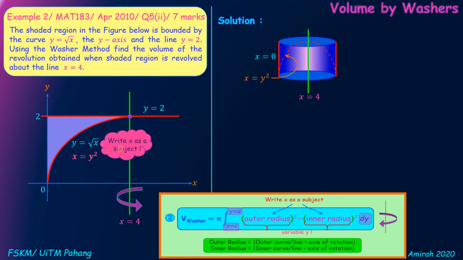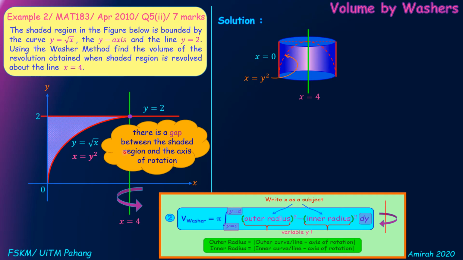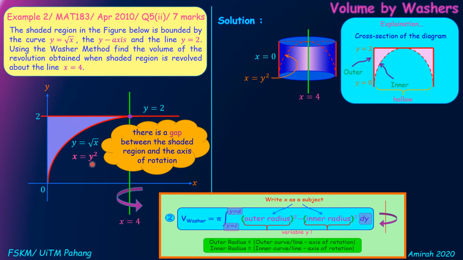After rotation, we get this diagram. From the given shaded region and the axis of rotation, there is a gap between the shaded region and the axis of rotation. So this is the gap. If we have a gap between the shaded region and the axis of rotation, it means we will have a hollow object.